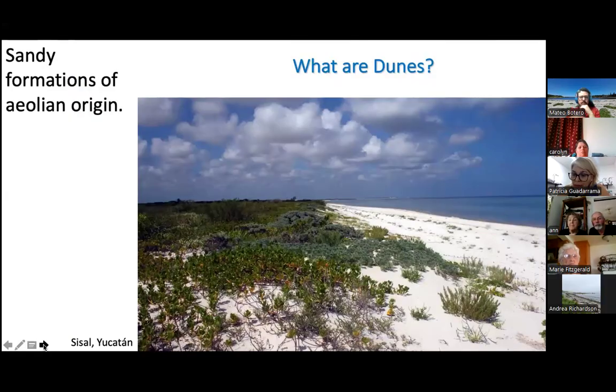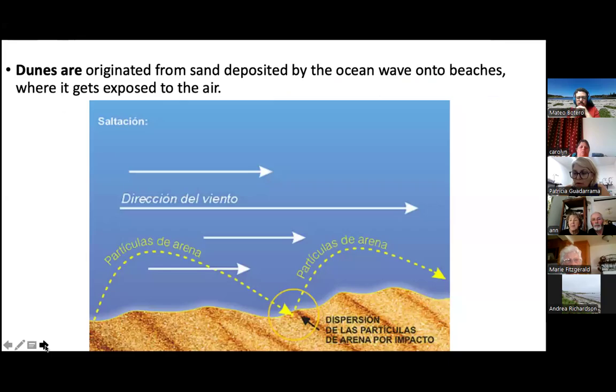Well, let's begin with the question, what are dunes? Dunes are a sandy formation of aeolian origin. But what does aeolian mean? Aeolian means that it is carried by the wind. You can observe the movement of sand grains in this image.